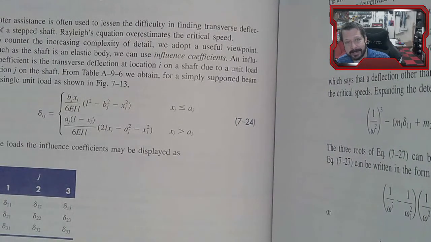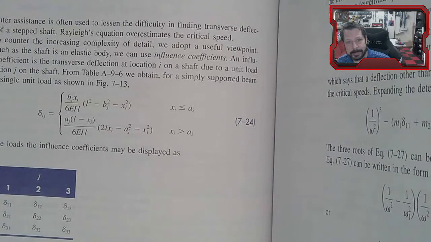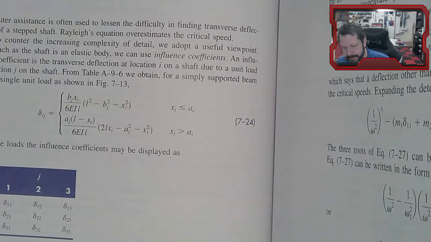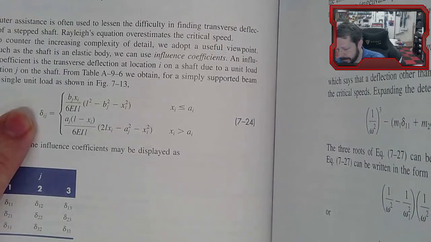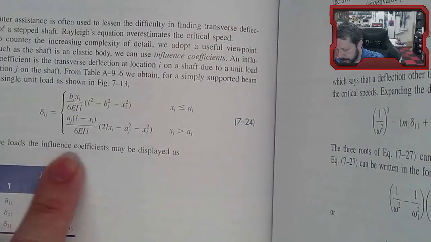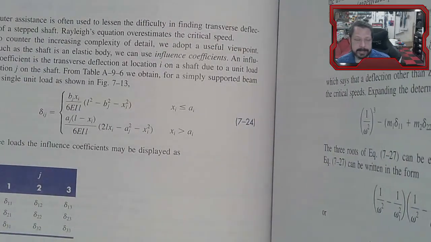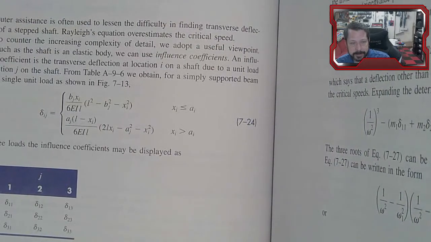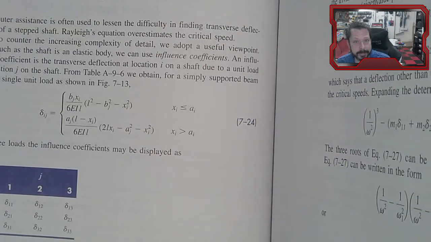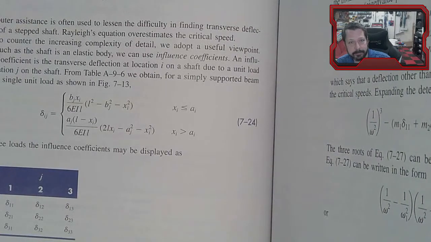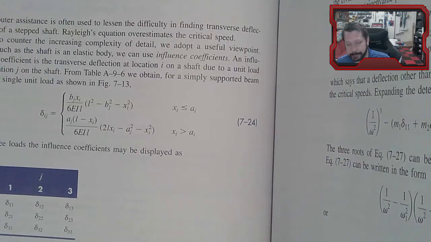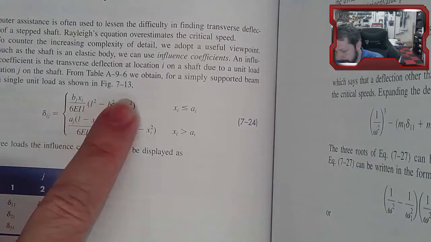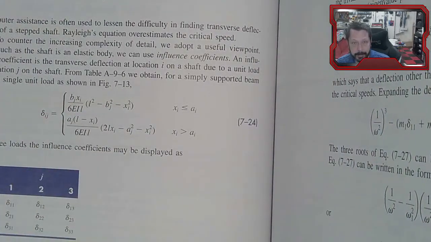It's going to take that pulley or hub or whatever the element is, and calculate its influence. So that's what the delta is, an influence coefficient. And it's going to say that if we have a pulley 7 inches from the end of the shaft, which we're treating as a beam, then this is its influence coefficient at that point.